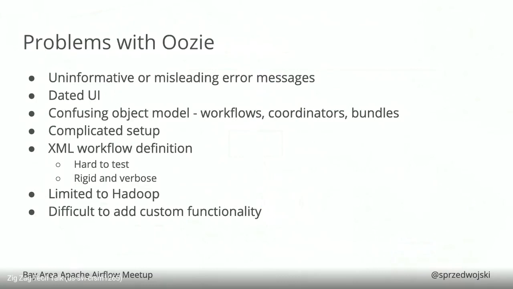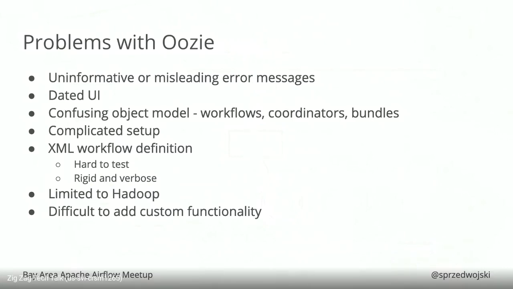So despite Oozie being quite used, there are many problems with it. These include uninformative or misleading error messages, a bit dated UI, the confusing object model with all the workflows, coordinators, bundles, property files.